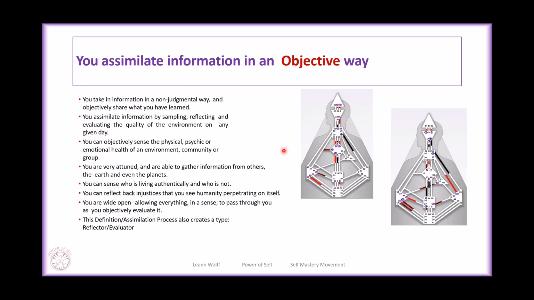You are wide open, allowing everything, in a sense, to pass through you objectively, and you get to evaluate it. This definition, or assimilation process, actually creates the reflector or the evaluator. So it's kind of fun to watch how the sacral center created a type, and the assimilation process creates a type.